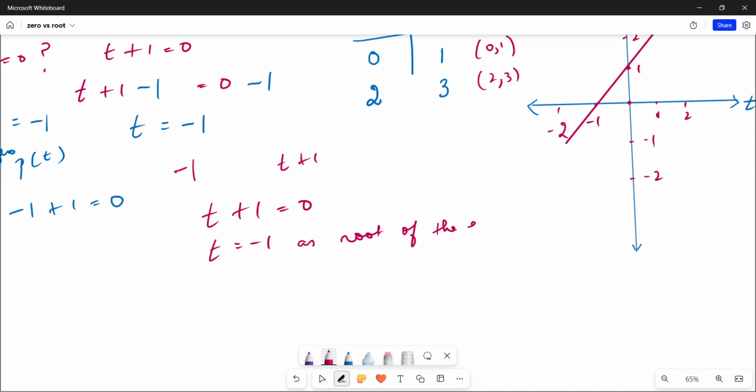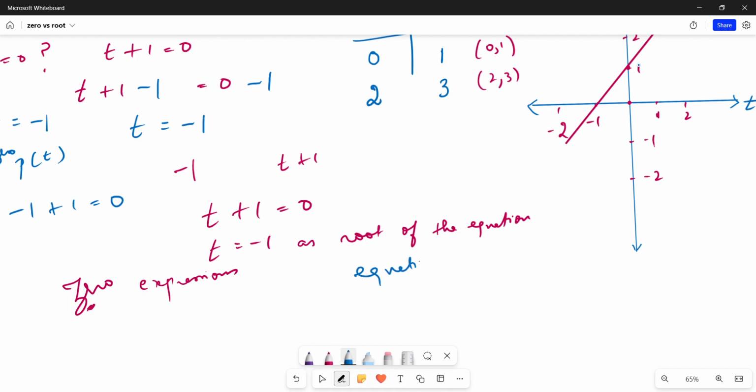So 0 and roots, the words can be used interchangeably, but normally for a polynomial or an expression, the point at which the graph intersects the x-axis is considered to be the 0, whereas in the case of an equation, we call the same point the root of the equation.